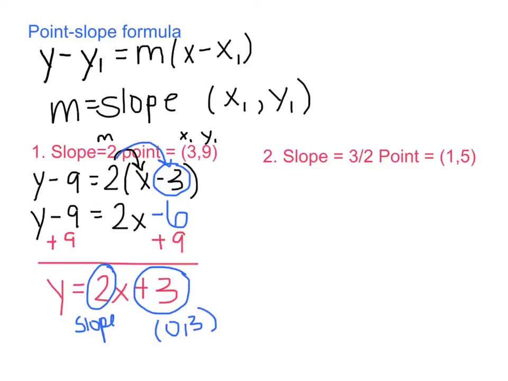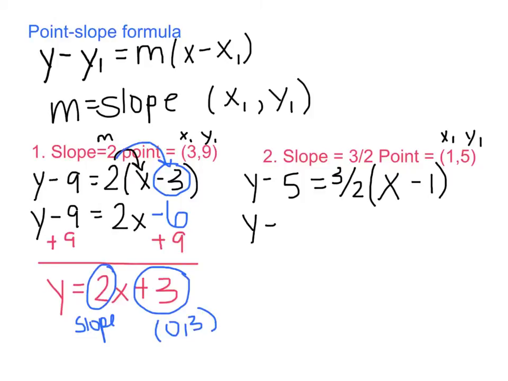So let's try the next one. We have y minus y1, remember x1, y1, so minus 5 equals your slope of 3/2 times x minus x1, which is 1. So let's distribute.